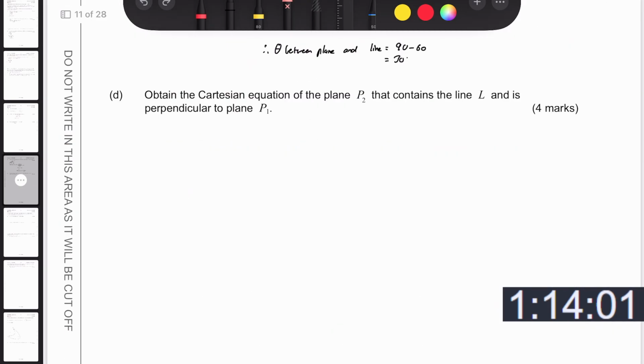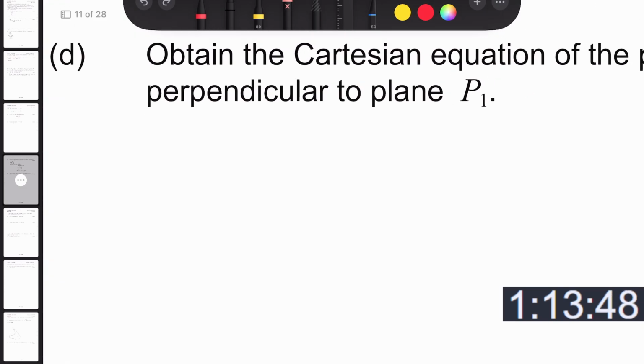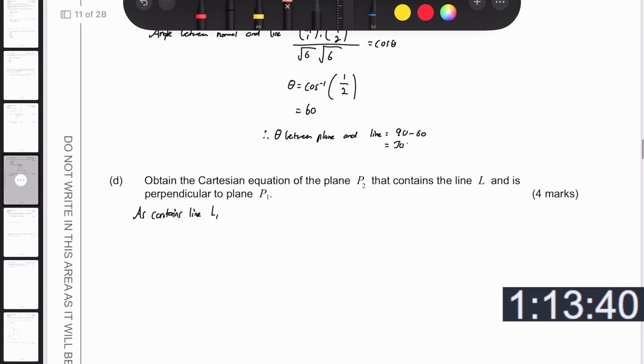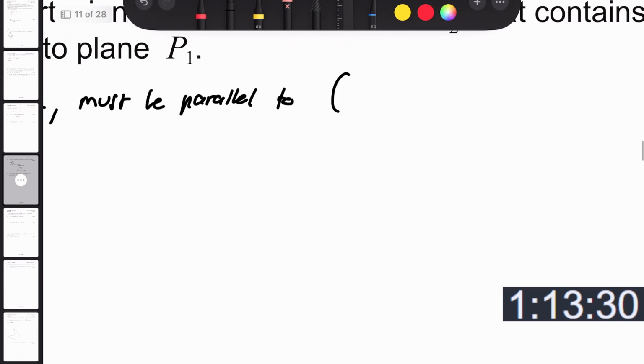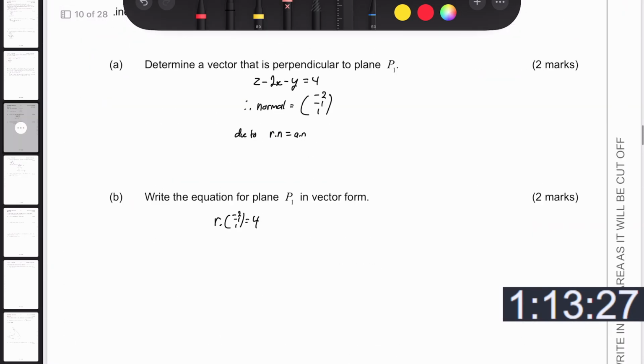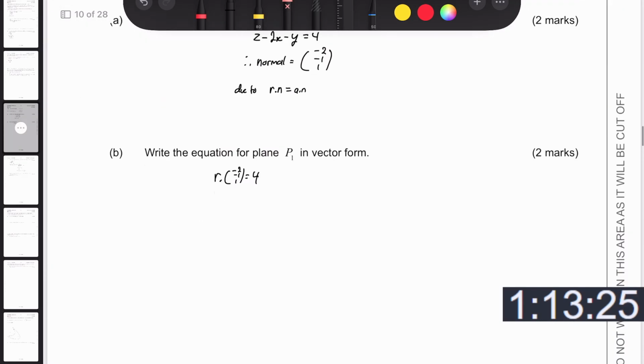So obtain the Cartesian equation of the plane 2 that contains line L and is perpendicular to plane P. Okay, so if it contains line L, then line L must be parallel to 1, -1, 1, 2.